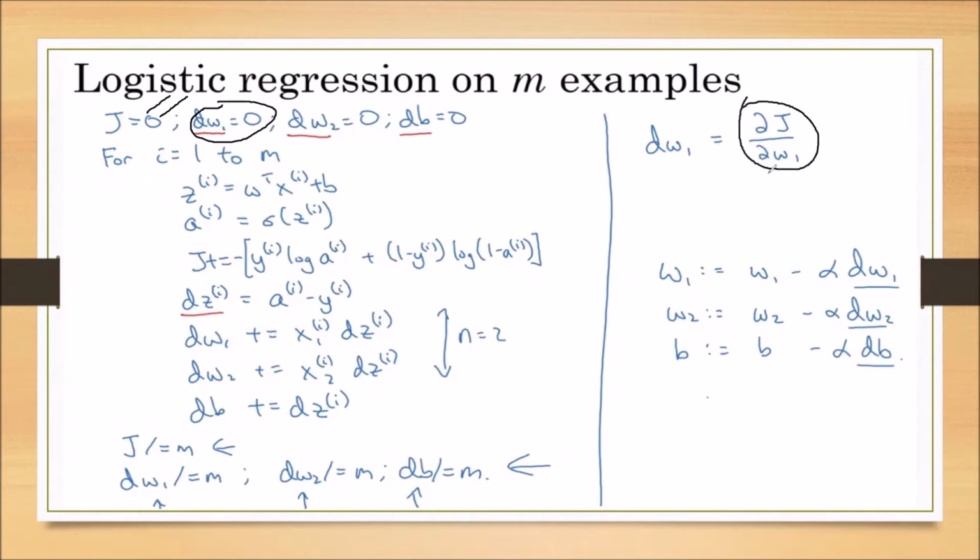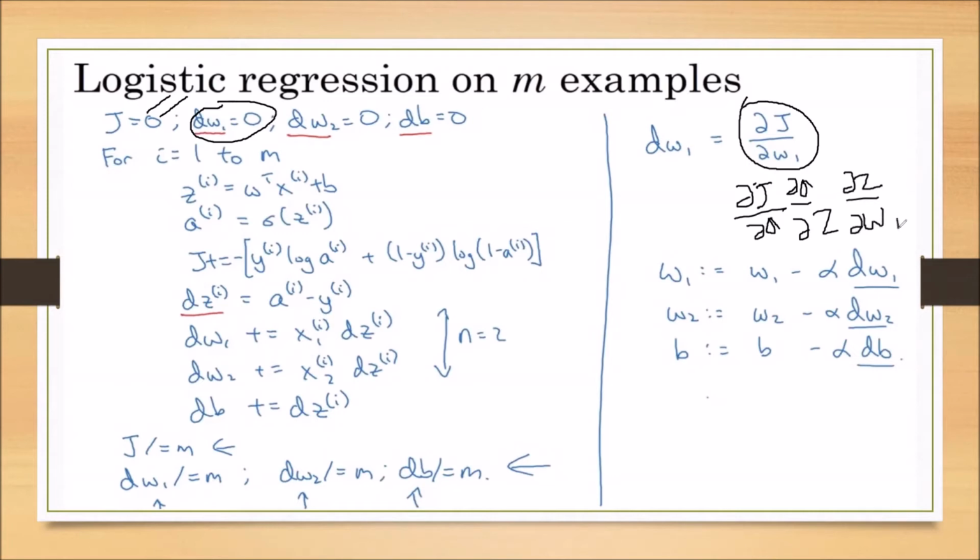I think we already discussed this. We can express dou J by dou w1 as dou J by dou a, into dou a by dou z, into dou z by dou w1.